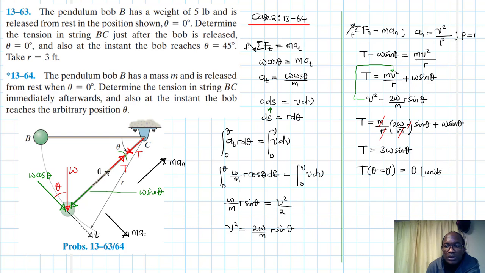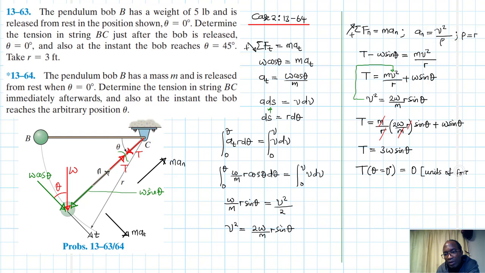These units can be anything, either pounds, newtons or whatever. Then of course we know that at any arbitrary value of θ, our equation is just 3W sine θ.